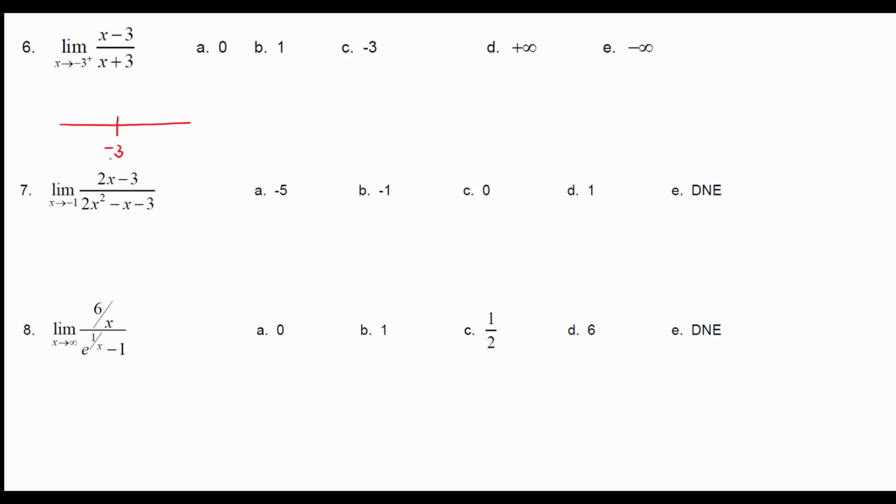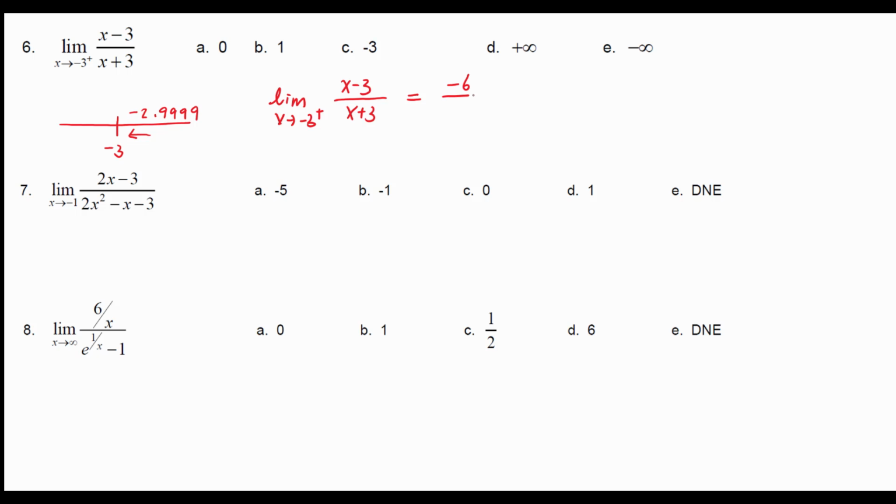Because x is approaching negative 3 from the right, you could plug in a number like negative 2.99999, something like that. So if you were to plug negative 2.99999 for x, your limit as x approaches negative 3 from the right of x minus 3 over x plus 3 is, on the numerator, I could just plug a negative 3 there.